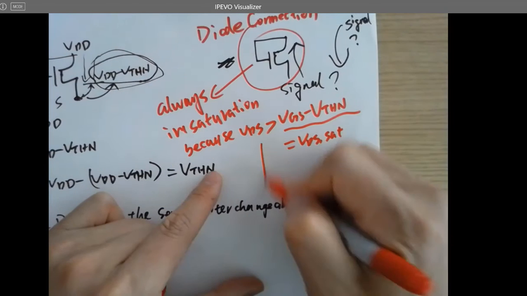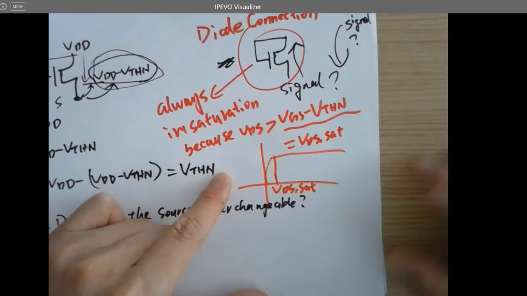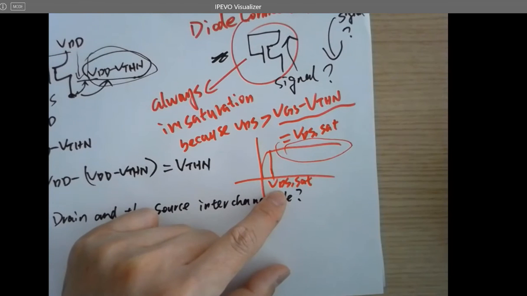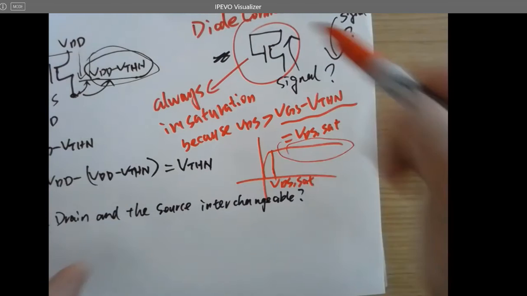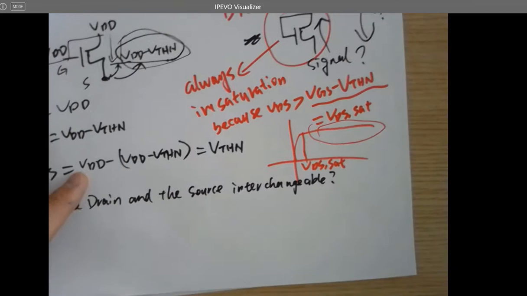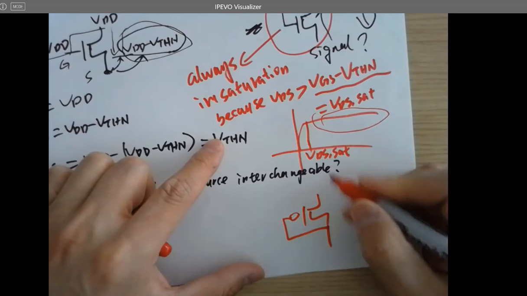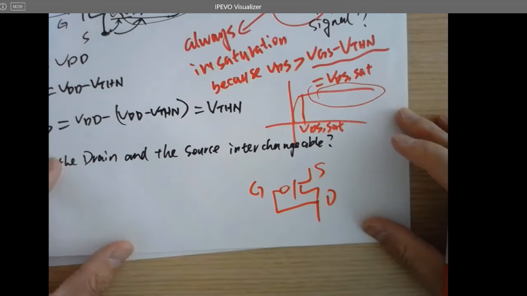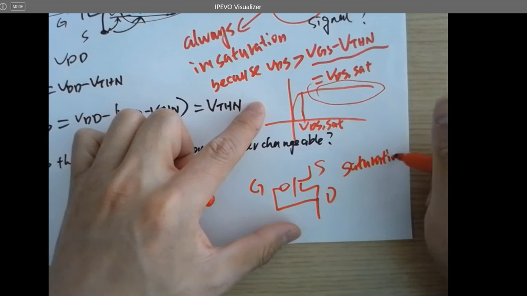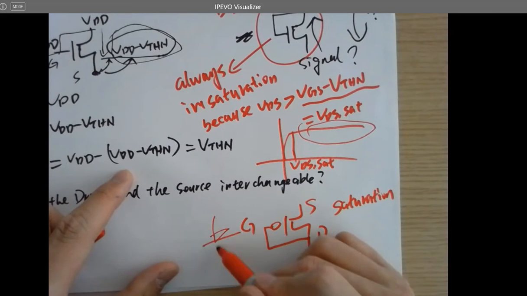VDS set. So when VDS is larger than VDS set, it's operated in the saturation region. So if you short the gate to the drain for the NMOS, it's always operated in the saturation region, similar to the PMOS. Saturation and diode as well. Something like this.